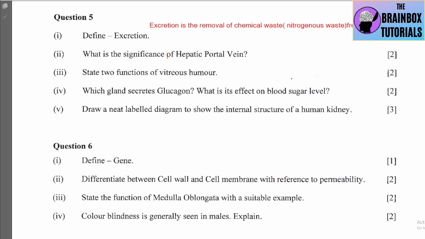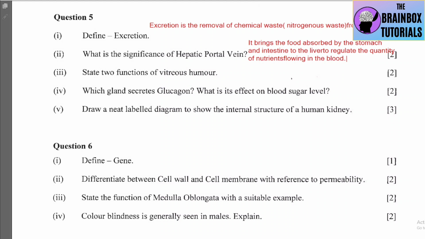Now part 2 is what is the significance of hepatic portal vein? That it brings the food absorbed by the stomach and intestine to the liver to regulate the quantity of nutrients flowing in the blood.